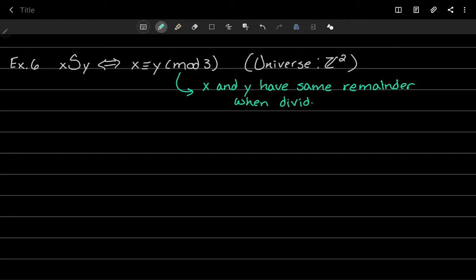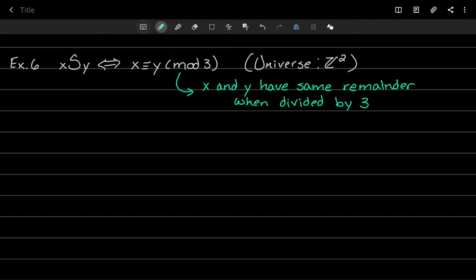And that is the most intuitive way to think about it. So an example would be, I don't know, 12 and 36 both have remainder 0 when divided by 3. So 12 would be congruent to 36, mod 3. Okay. 13 and 37 both have remainder 1 when divided by 3. So they would both be congruent, mod 3.